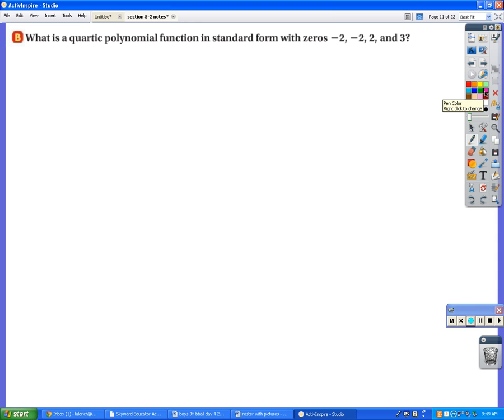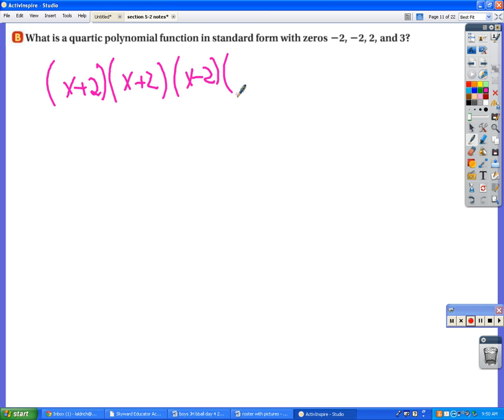Okay, so how about if we made things really nasty and said 4 zeros? If one of my zeros is -2, what do I have? x plus 2 times x plus 2 times x minus 2 times x minus 3.